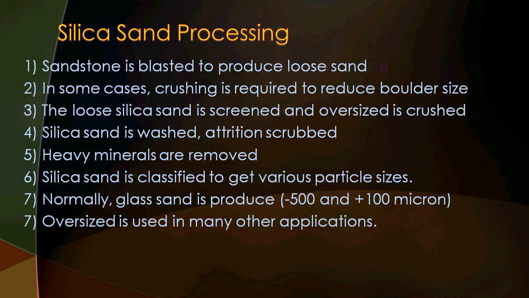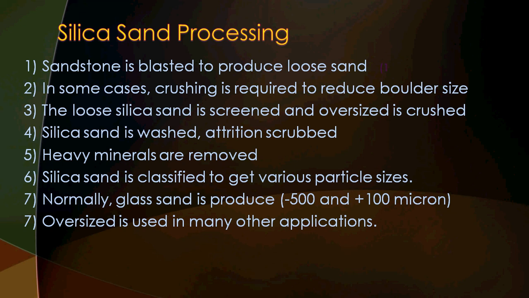But if it is a little bit hard, there will be some chunks or boulders of sandstone left, and you have to send those boulders again for crushing. The loose silica sand is screened, sieved, and oversized material is sent for crushing again. It depends what size you want.